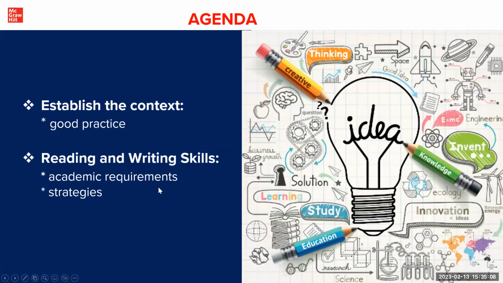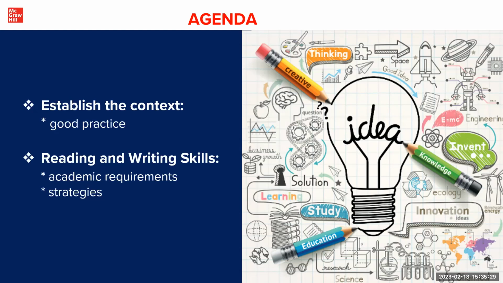So this is how I'd like the session to pan out. We'll start by looking at the context within which we teach and the good practice principles that really underpin everything we're doing with our students, ensuring that they get the best from us and we help them get the best from themselves as well.